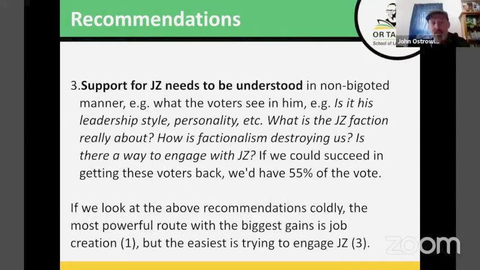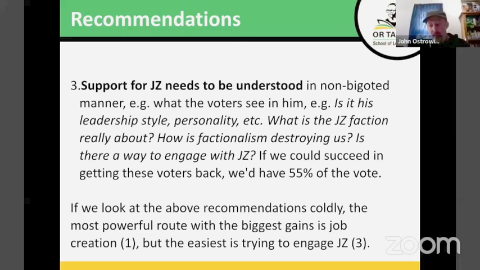Third point of the recommendations, we need to understand the support for Comrade Jay-Z in a non-bigoted manner. In other words, we need to understand what the voters see in him. Is it his leadership style? Is it his personality? What is it about Jay-Z that attracts an entire province?